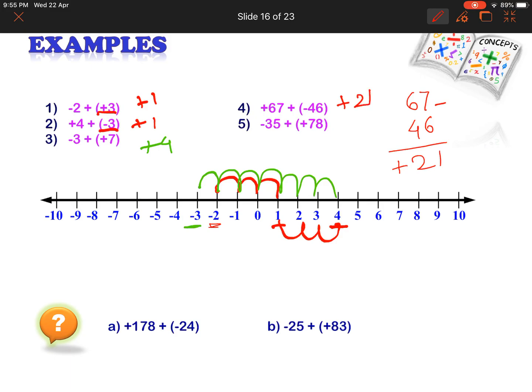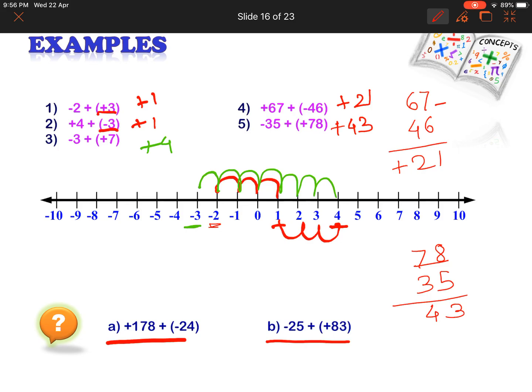Answer is plus 21. Last example, absolute value of minus 35 is 35, absolute value of plus 78 is 78, the difference is 43, and since 78 has higher absolute value, we will give plus sign to the answer, which is plus 43. Again here are examples for you to solve and answers at the end of video.